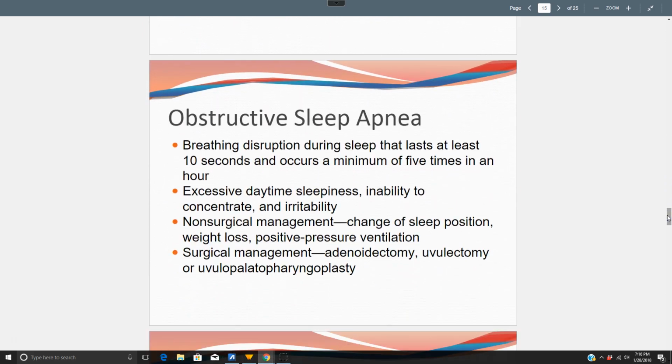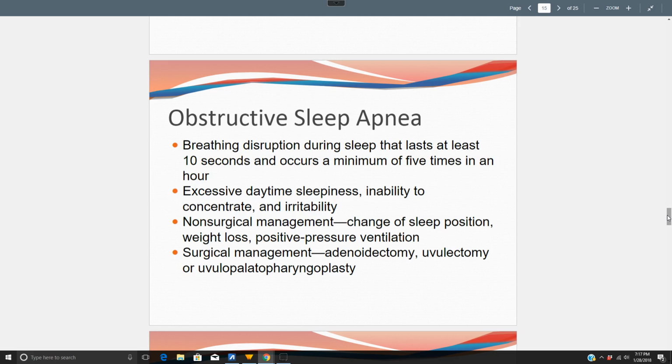We talked somewhat about this when we talked about CPAP and BiPAP, but obstructive sleep apnea obviously can affect airway considerably. Breathing disruption during sleep that lasts at least 10 seconds and occurs a minimum of 5 times in an hour would be diagnosed as obstructive sleep apnea.